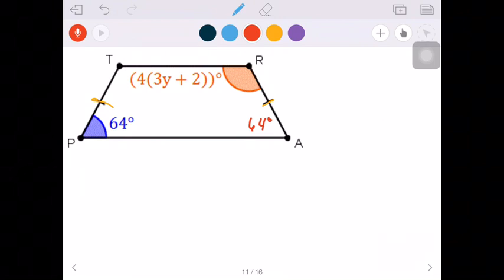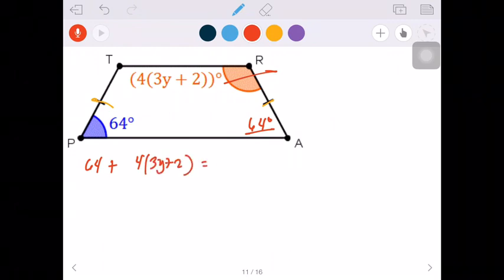That's angle A. Now, 64 degrees and this angle are supplementary because they are same side interior. So that would mean if I want to find the measure of angle R, I need to add 64 and 4 times 3y plus 2, and that would equal 180.